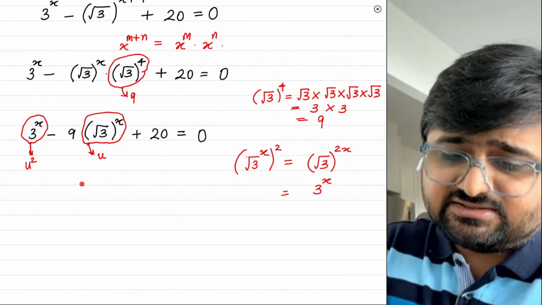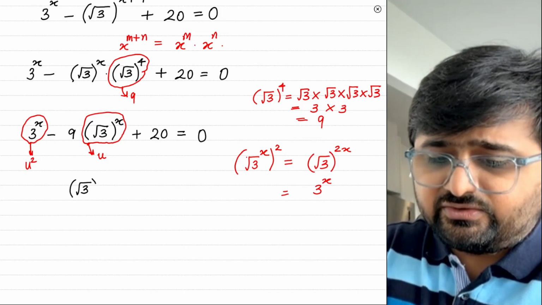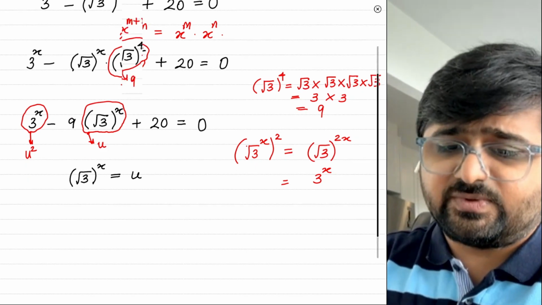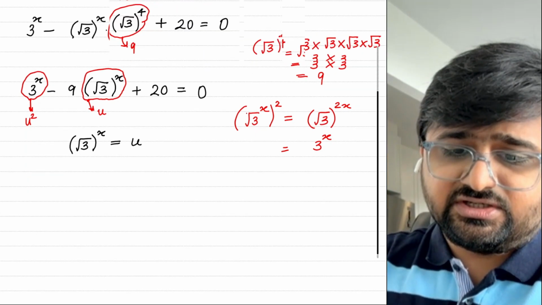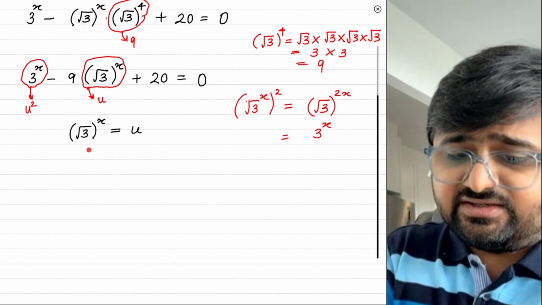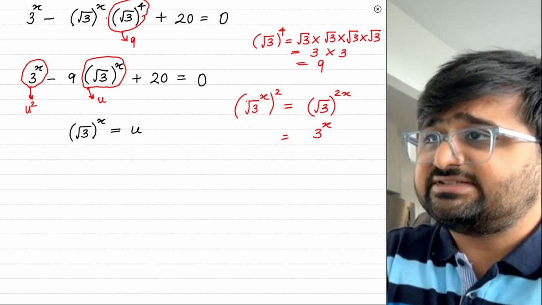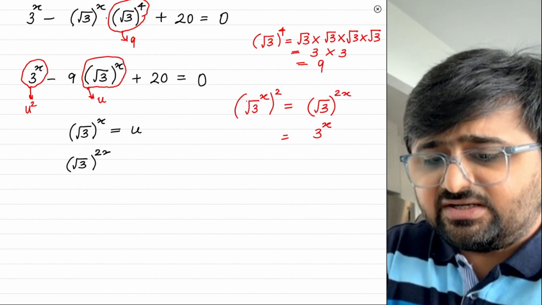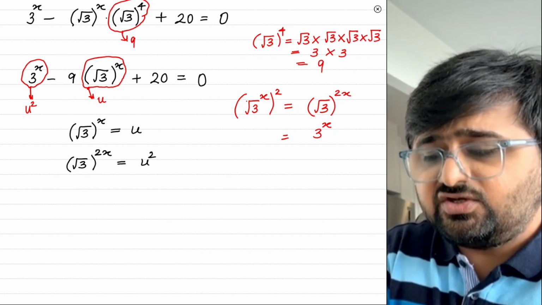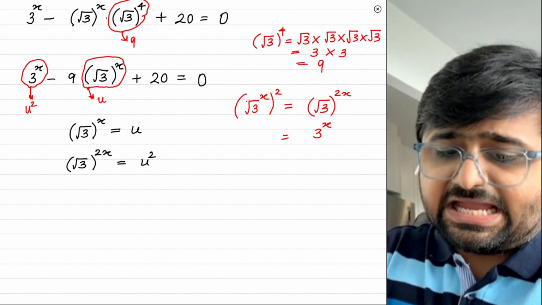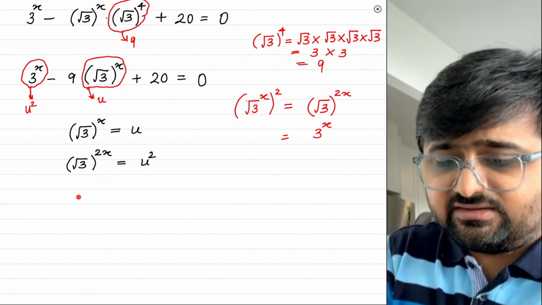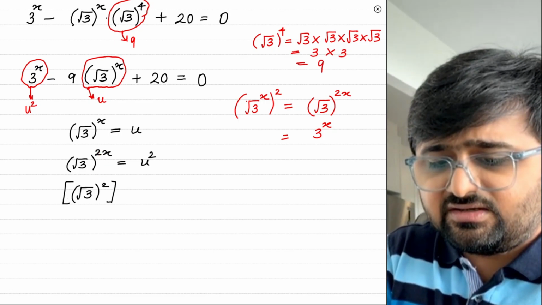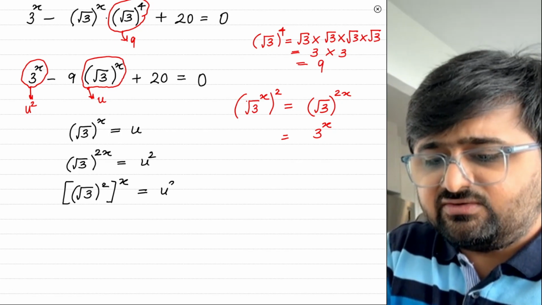So let's say square root of 3 to the power of x is equal to u. If you square on both sides, square root of 3 to the power 2x will become u square. And that square root of 3 square, again with the law of exponents, can be written as square root of 3 square to the power x is equal to u square.